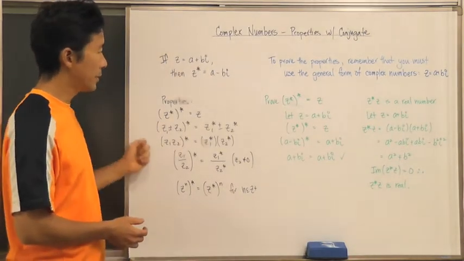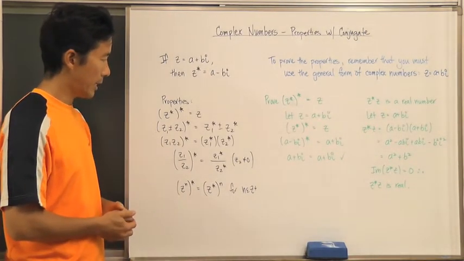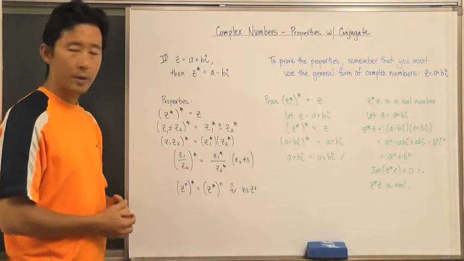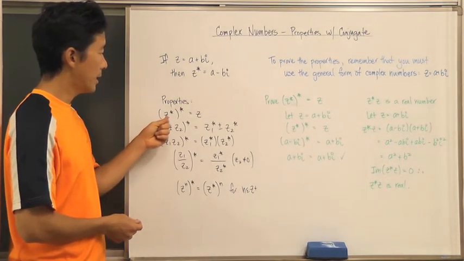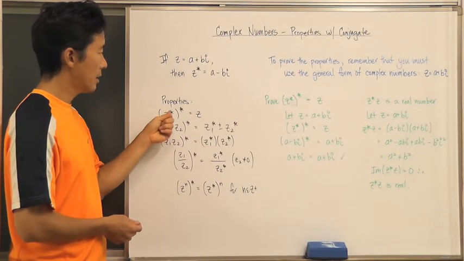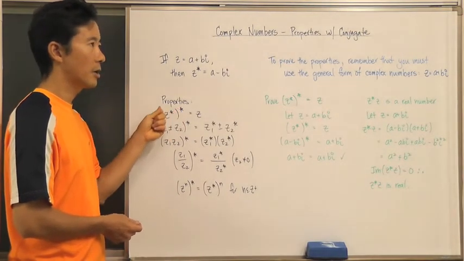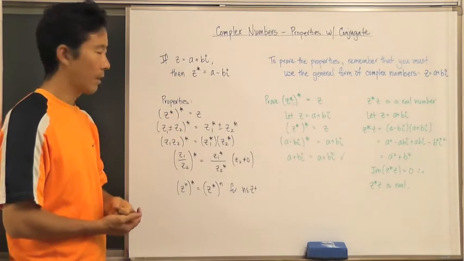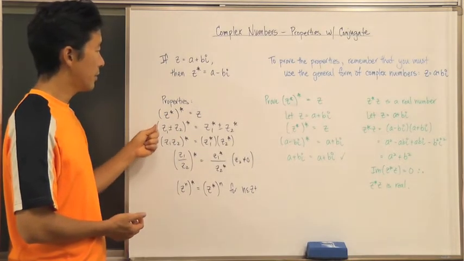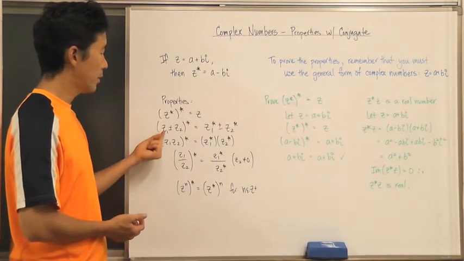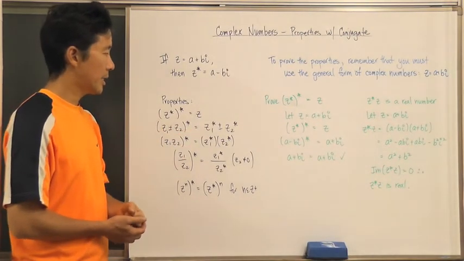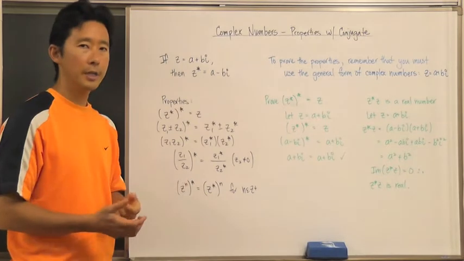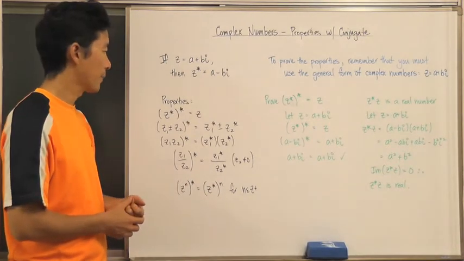So there are certain properties that we're going to have to take a look at, recall, and commit to memory. One of them is that if you take the conjugate of the conjugate of z, you get z. The second one says that the conjugate of z sub 1 plus or minus z sub 2 is exactly the same thing as the plus or minus of the conjugates of z sub 1 and z sub 2.